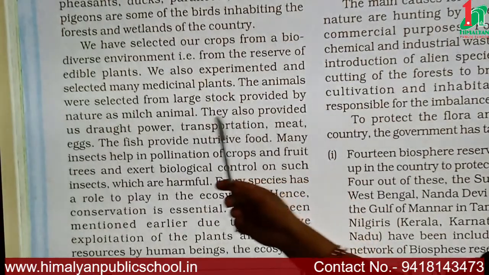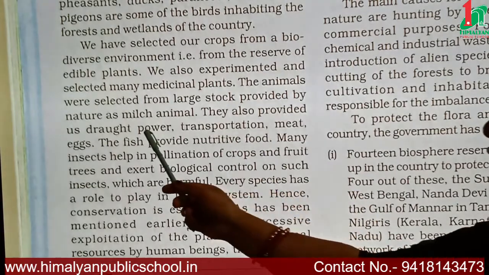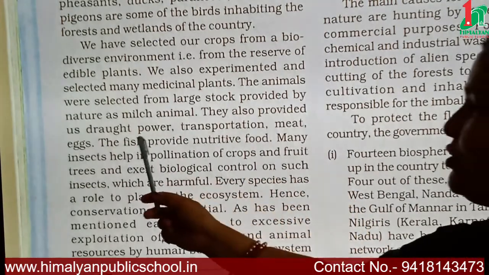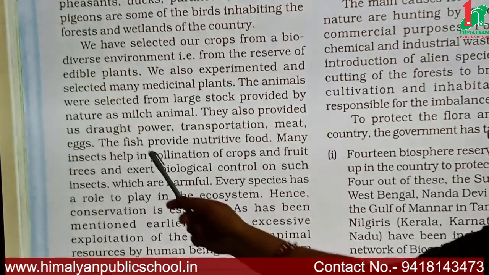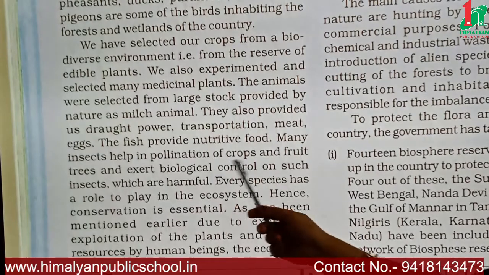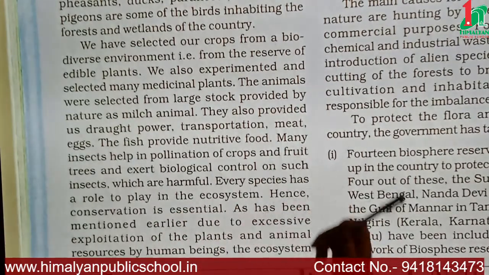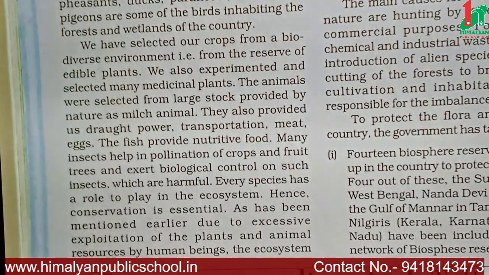So these animals were selected from large stocks provided by nature as milk animals. They also provided draught power, transportation, meat, eggs. Clear? So the fish provide nutritive food. Many insects help in pollination of crops and fruit trees and exert biological control on such insects which are harmful.